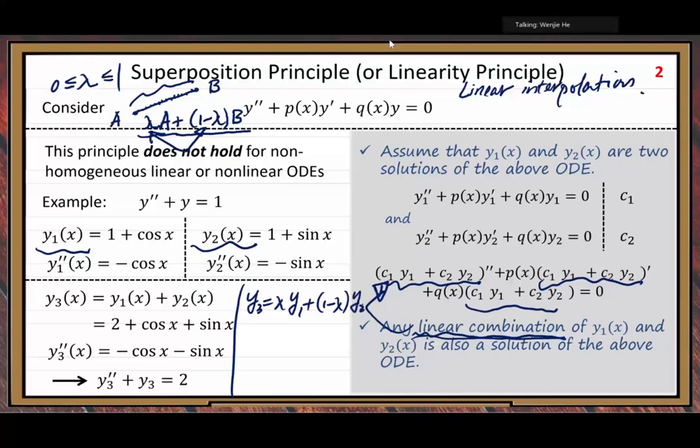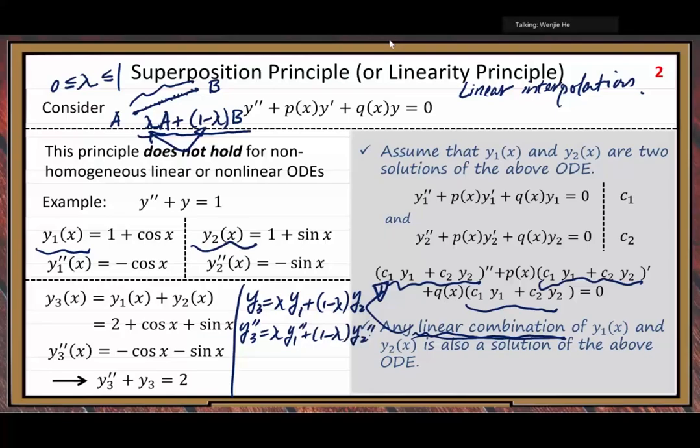Then you plug in. y3 double prime equals lambda y1 double prime plus 1 minus lambda y2 double prime.